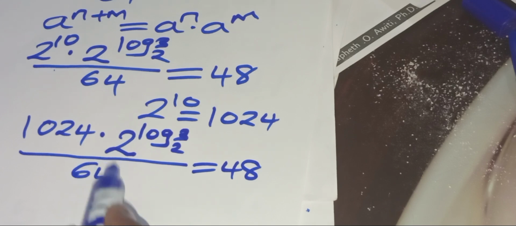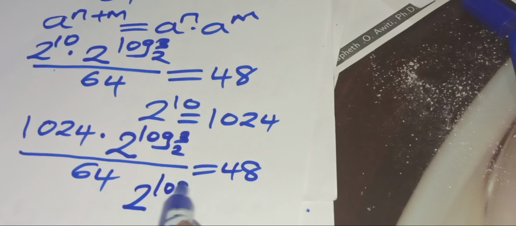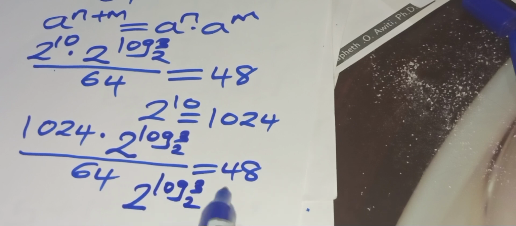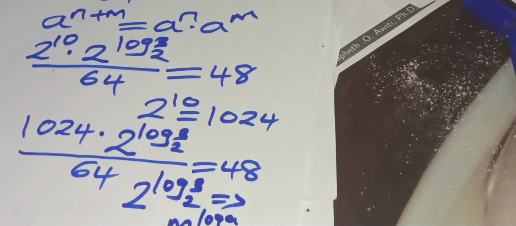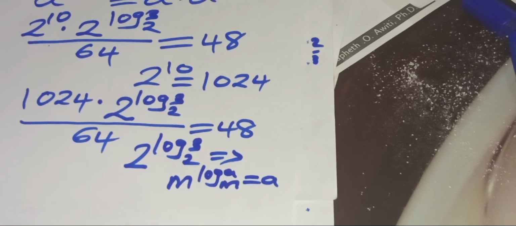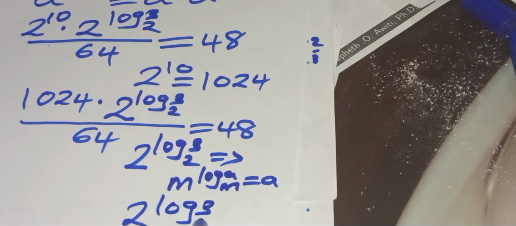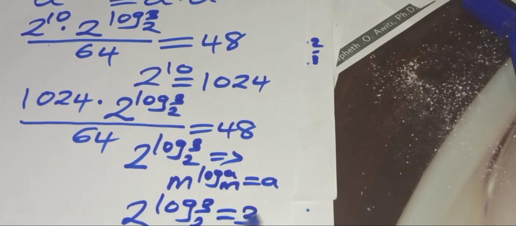Now 2 to the power log 3 to base 2 is in the form of m to the power log a to base m, which is equal to a. So 2 to the power log 3 to base 2 is equal to 3.